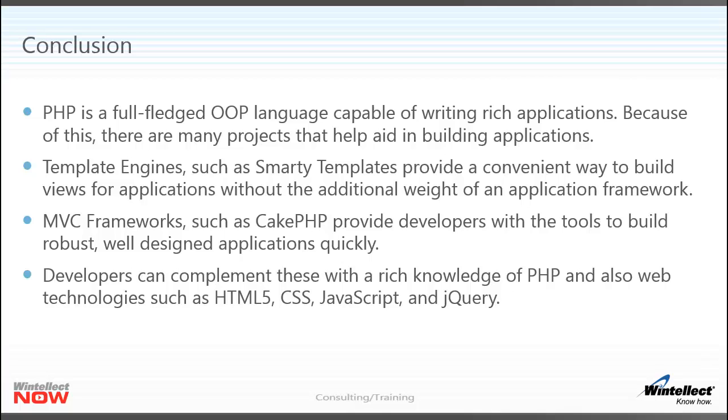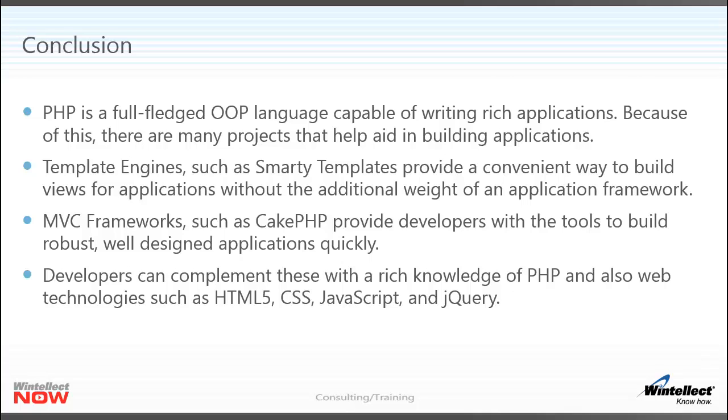In this video, we've seen how you can architect applications using various things like template engines and MVC frameworks. And when we talked about template engines in this video, we talked about how you can build multi-tiered applications using Smarty templates, and there's other ones out there, but Smarty templates in my mind is one of the best ones out there because it provides a convenient way to build views for applications without the additional weight of application frameworks.